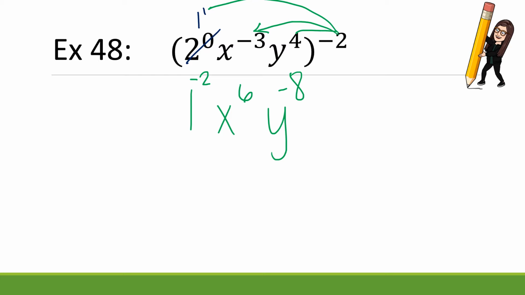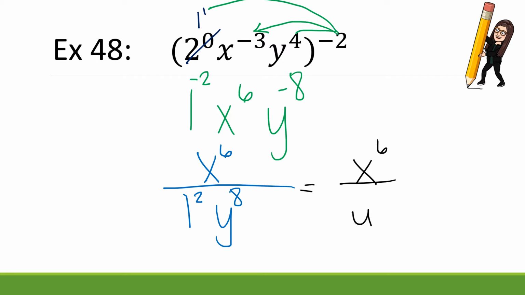My next rule, anything with a negative exponent gets kicked to the bottom. Anything with a positive stays. Anything negative gets kicked.